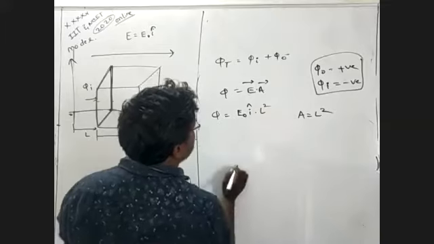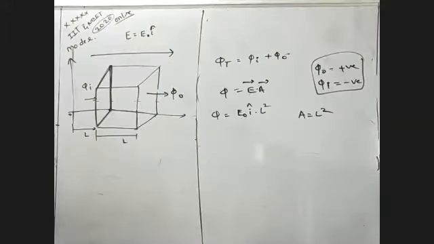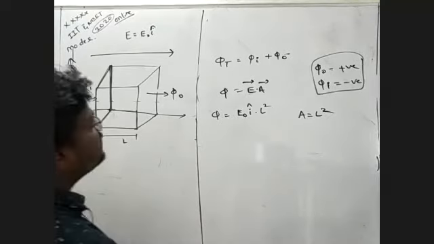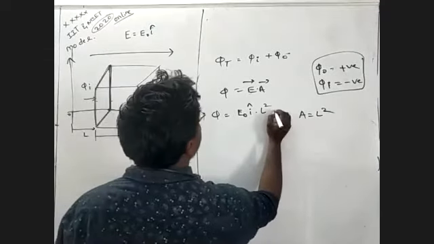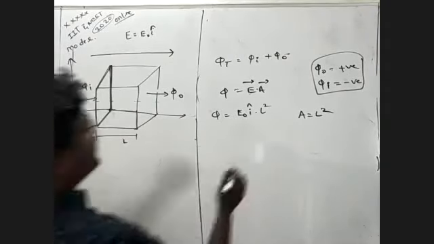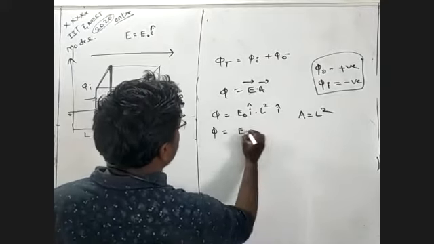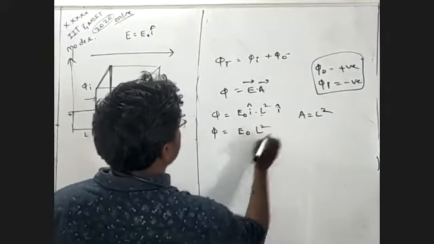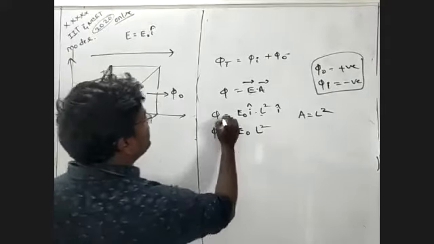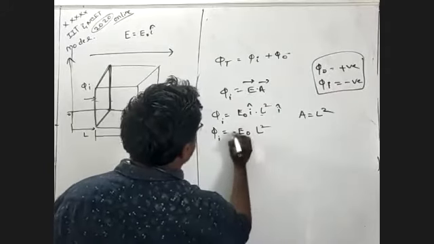So the area vector is L square I cap, and the flux is E naught L square. This is the into the flux, but the sign is minus.